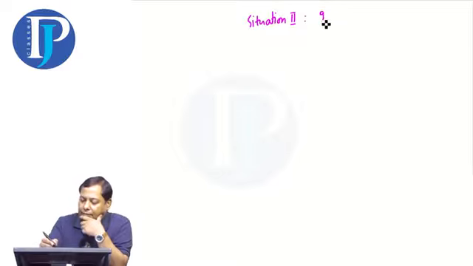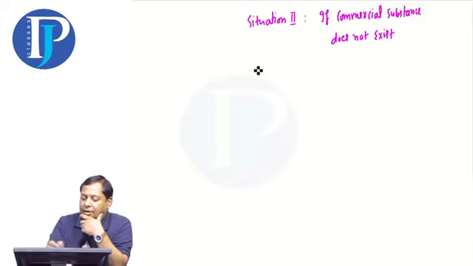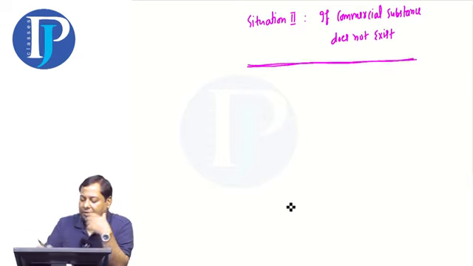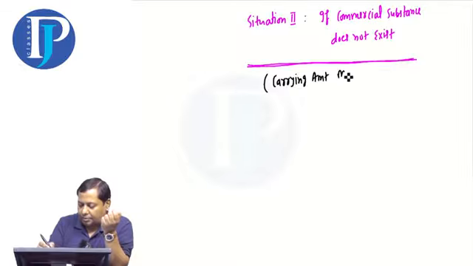If commercial substance does not exist, how will we recognize the investment property? How will we do the entry of purchase? So we call it the carrying amount model.